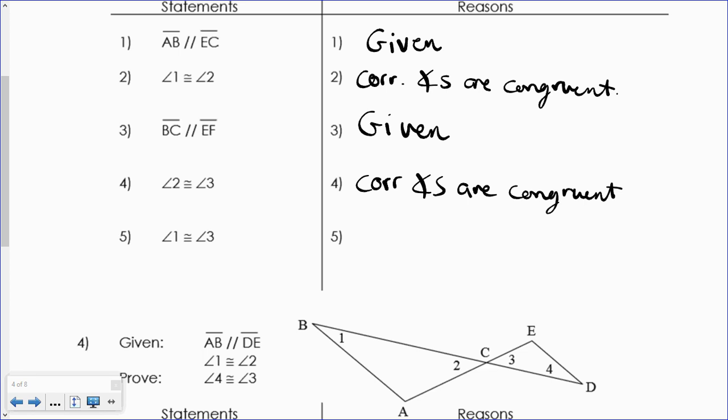Angle 1 is congruent to angle 2, and angle 2 is congruent to angle 3. So how can I conclude that angle 1 is congruent to angle 3? Substitution. You can take this 1 and put it in the place of that 2, because it's congruent to 2. So this would be a substitution.